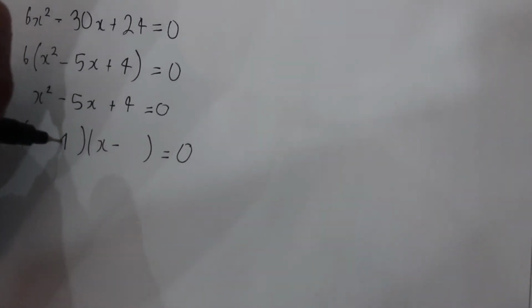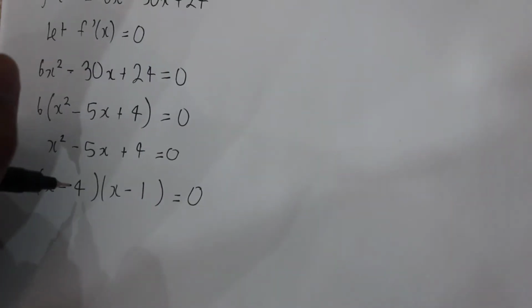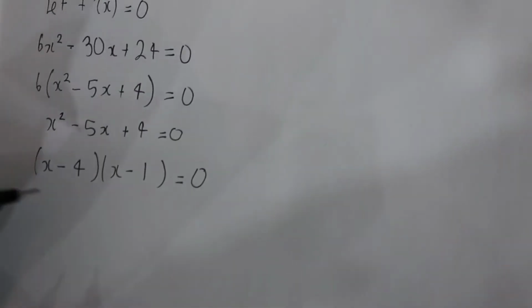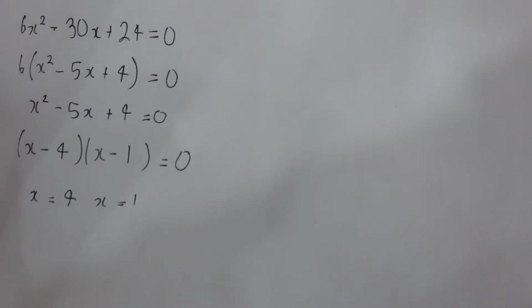These numbers are 4 and 1: 4 times 1 gives you 4, and minus 4 plus minus 1 gives us negative 5. So x equals 4 and x equals 1 are our two x components that provide us stationary points.